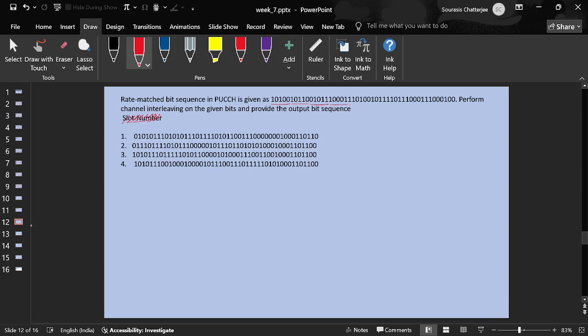This is 20. 25 here. 30. 35. 40. 45. 49 I am getting.